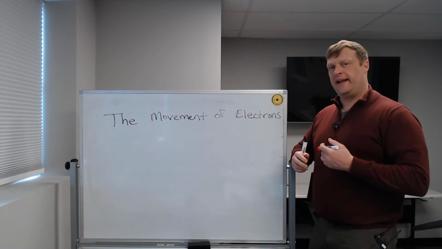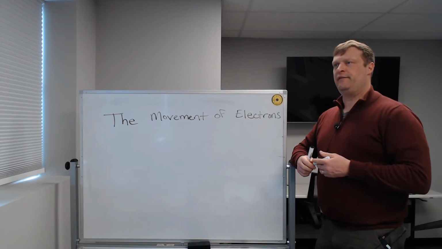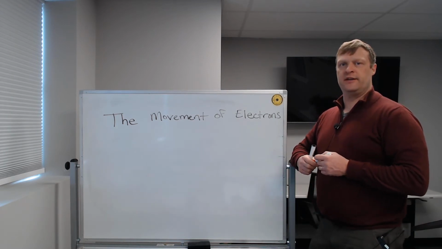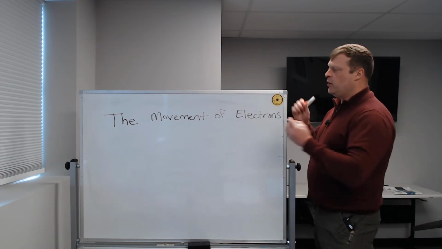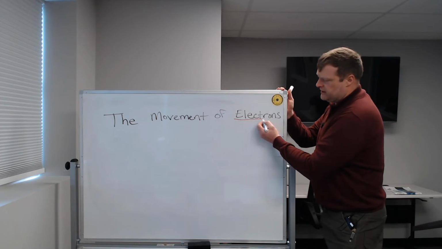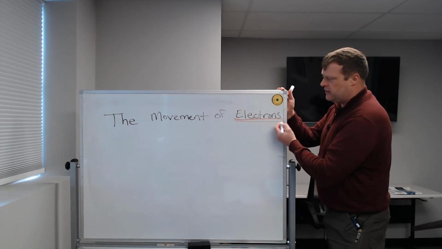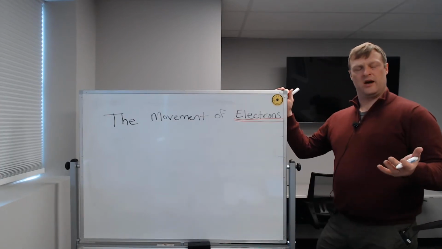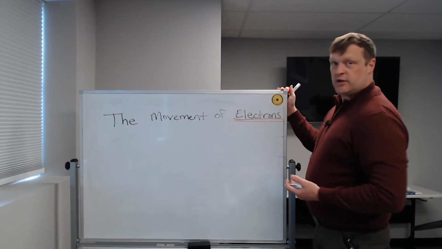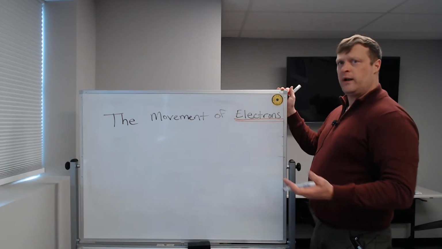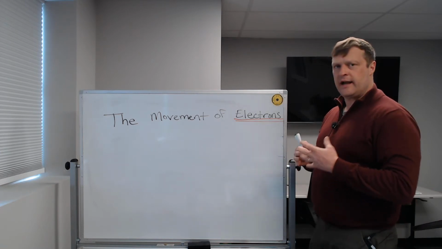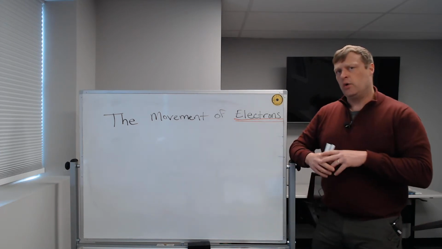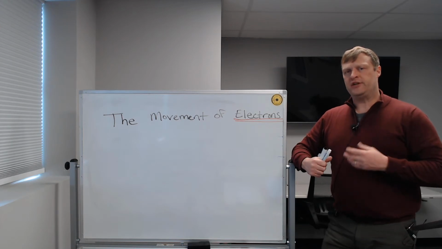The problem with any definition is that if you use words in the definition that may not be known, then you have to define those. Well, I'm going to assume that somebody watching this might not have a good handle on what exactly are electrons. All right, it's great. Electricity is the movement of electrons. But what exactly are electrons? Well, in order to understand what electrons are, we need to go back to the atomic structure.